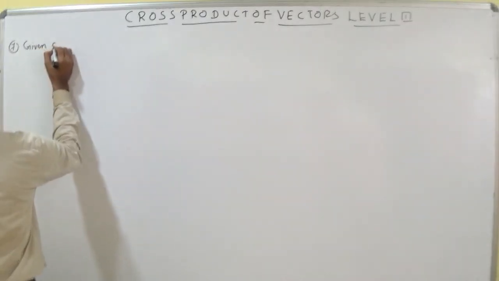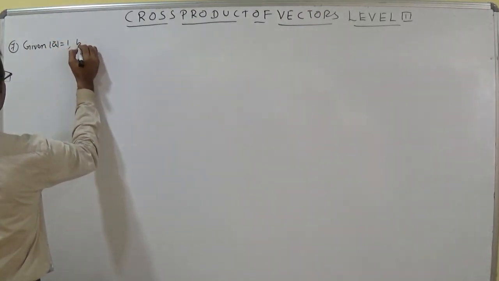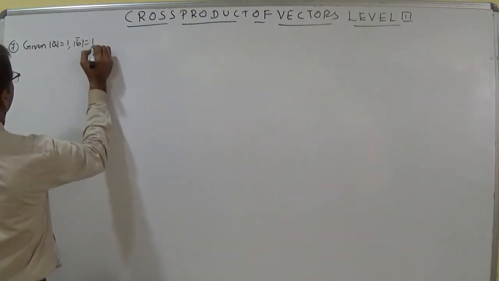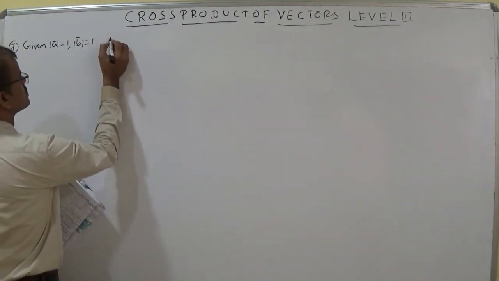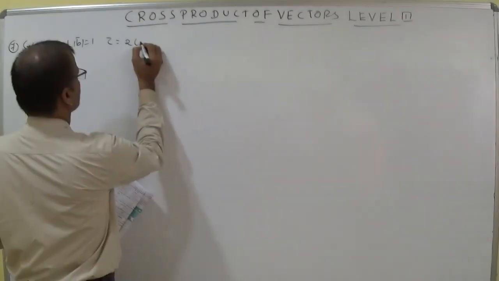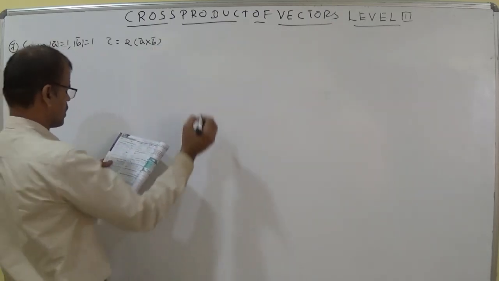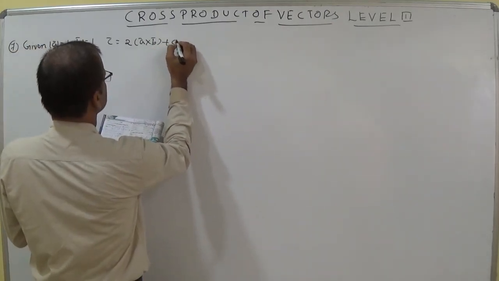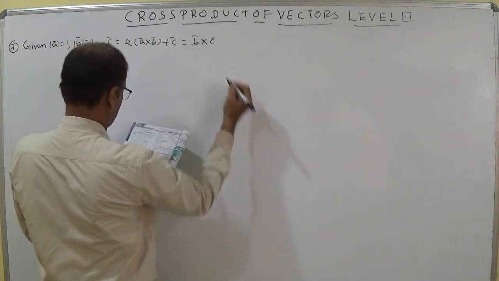Given, I am writing the data. Given value, A is a unit vector, mod A is equal to 1 and mod B is equal to 1. And C bar satisfies 2 into A bar cross B bar plus C bar is equal to B bar cross C bar.